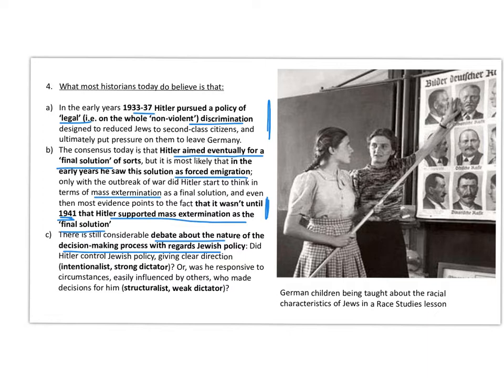Okay, so all of that debate very much links to Hitler's style of leadership. Was he a strong leader? Did he know what he wanted? And of course, you could argue that Hitler was indecisive, he wasn't clear, so you could bring Jewish policy into that debate as well.